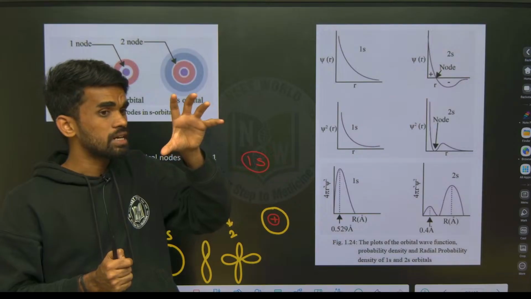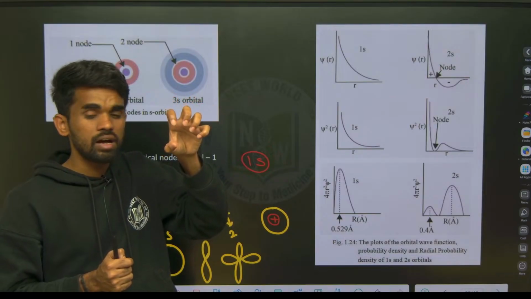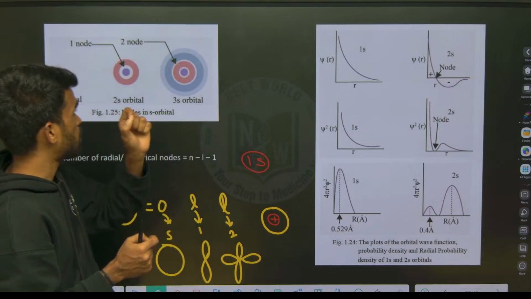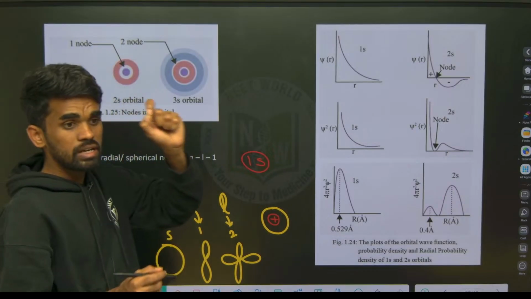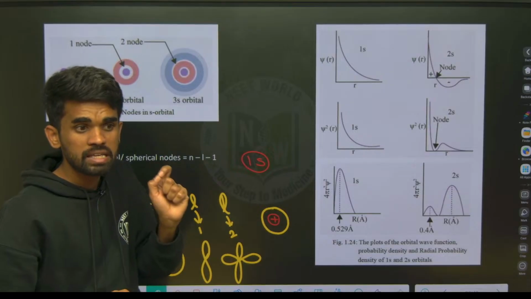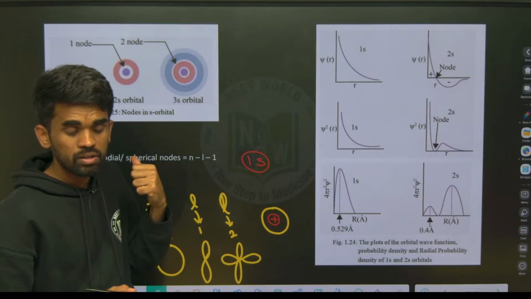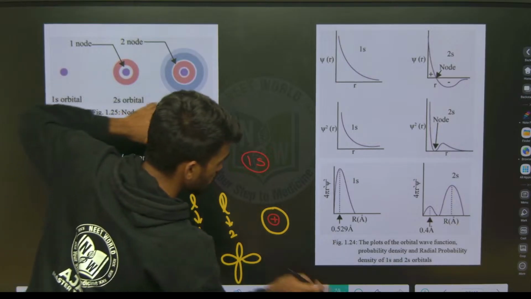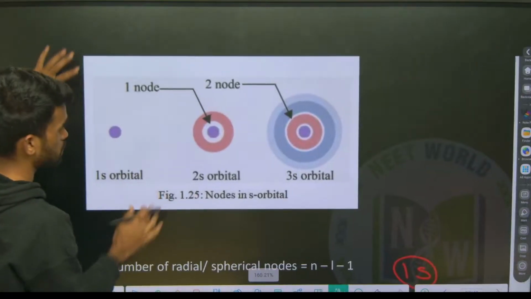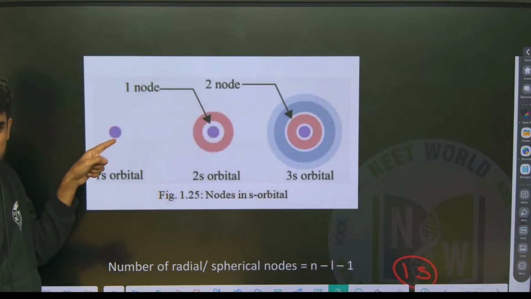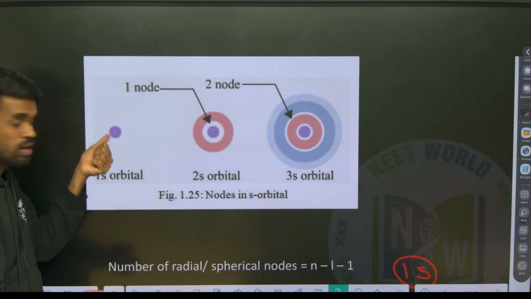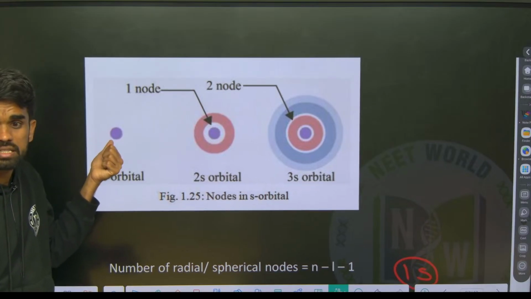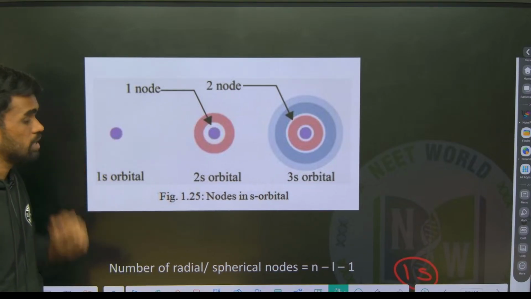It means that electrons will be very closely related, revolving around the nucleus. So the probability of finding electron near the nucleus will be maximum in case of 1s. In this pictorial representation, the violet color is indicating that the probability of finding electron is maximum near the nucleus.